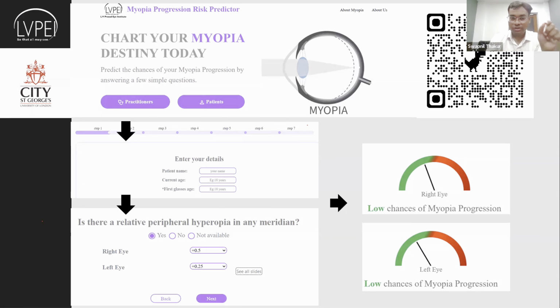There also, we have one question: is there a relative peripheral hyperopia in any of the meridians? If yes, the practitioner can mention the magnitude of the relative peripheral hyperopia obtained from their refraction. And ultimately, based upon all the questions, it will give a report on whether that patient has a low chance or a high chance of myopia progression.